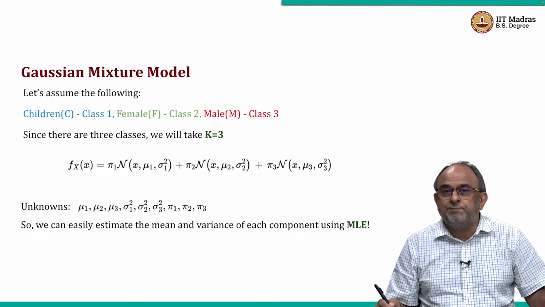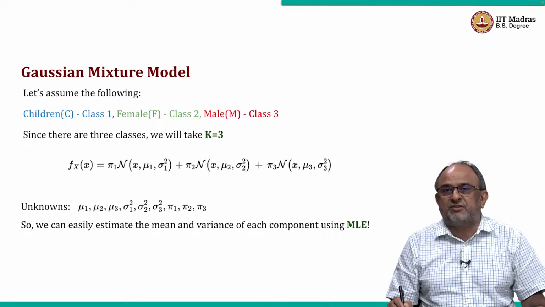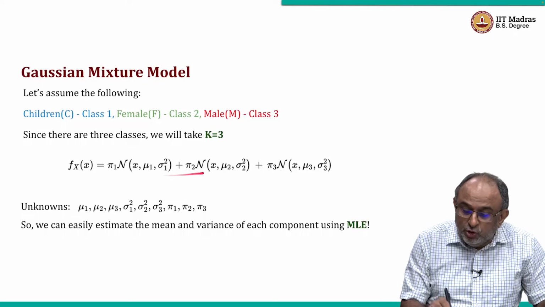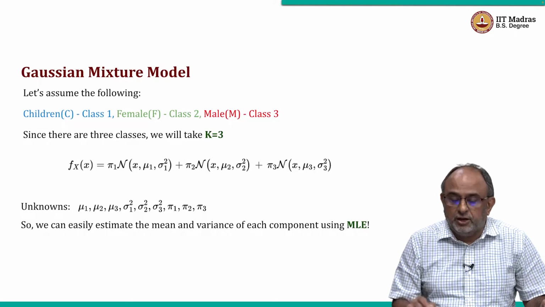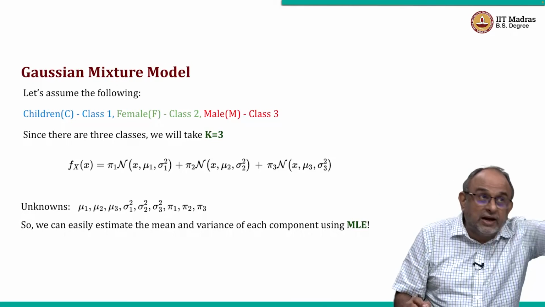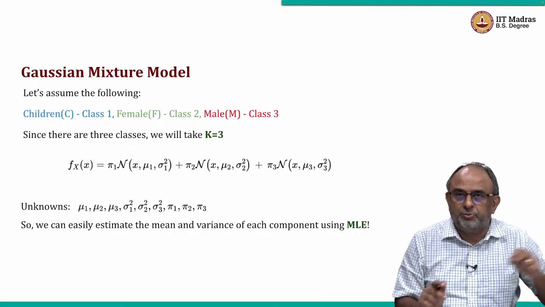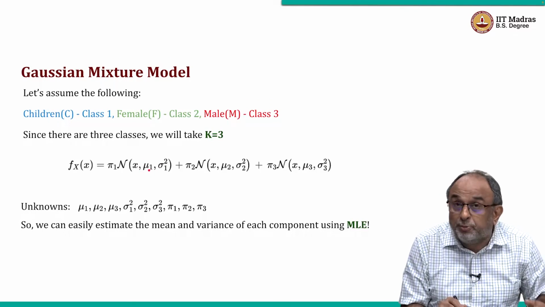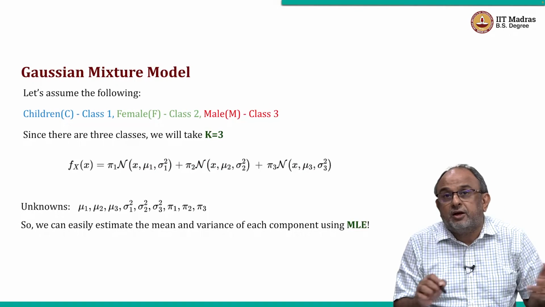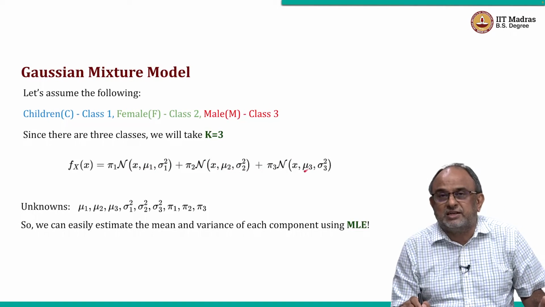Once I update, now again these values get fixed. Then again I go back to the same measurements. Now with these newly updated means and variances of this mixture of Gaussians, again I take the original measurement and ask, is it more likely? Now because things have changed, the category can change to another class, right?